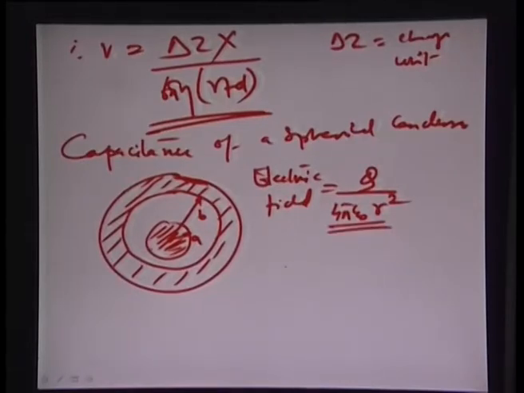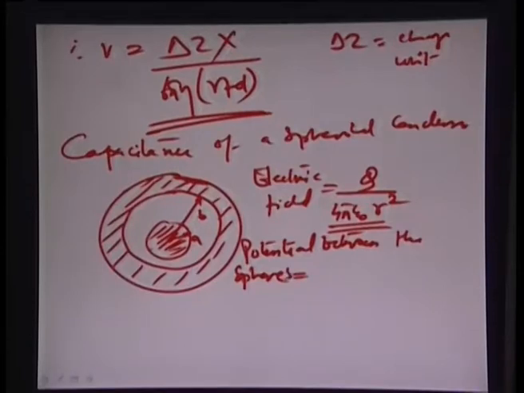So, the potential between the spheres in this particular case, that means the hollow sphere and the central sphere, is essentially the integral of E dr, right. Electric field is the gradient of the voltage or the EMF.